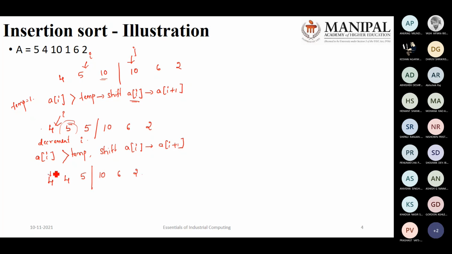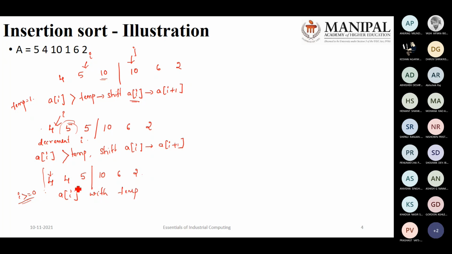Now from here, when you decrement I, the condition fails because I should be greater than or equal to 0. So there is no element further. When the condition fails, or when you come out of this loop, you have to directly replace A of I plus 1 with temp.